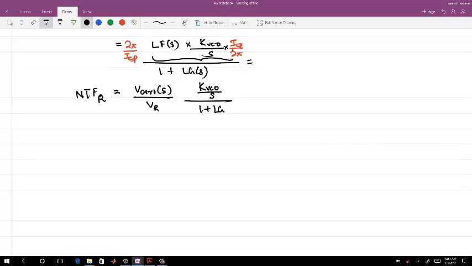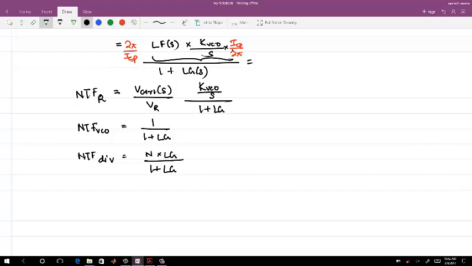Then you have NTF of VCO which is 1 by 1 plus loop gain. Okay. And the final one is NTF of divider which is also equal to N times, which is the same as your input.